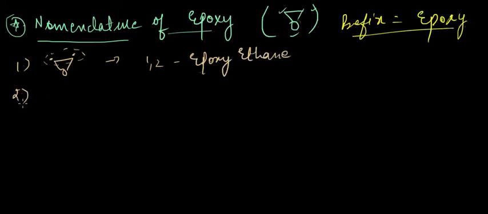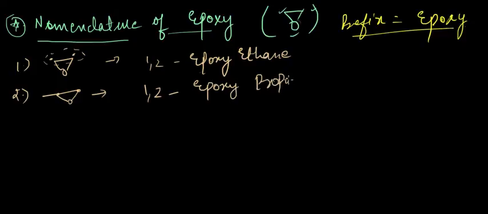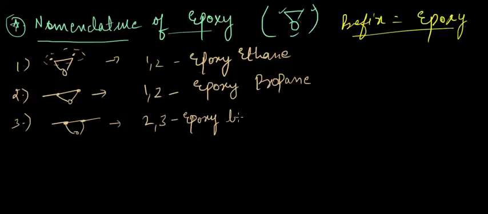Okay, if we have something like this, then it would be called 1,2-epoxypropane. If we have something like this, then it would be called 2,3-epoxybutane.